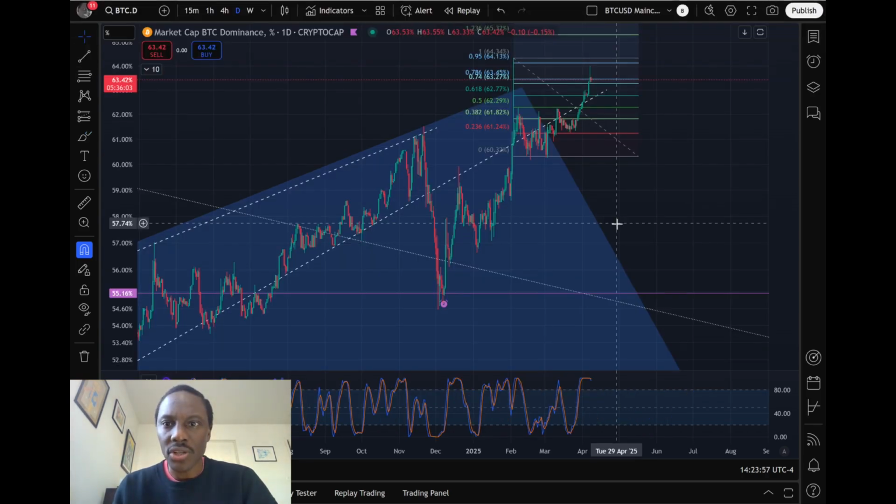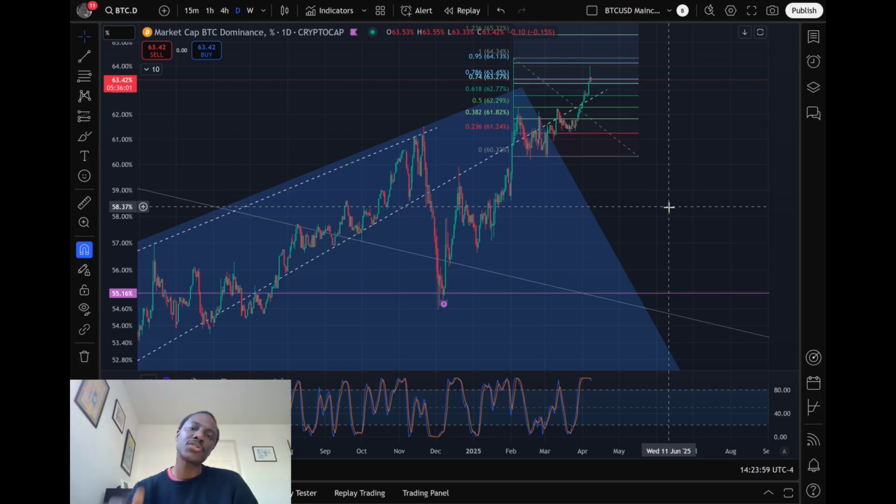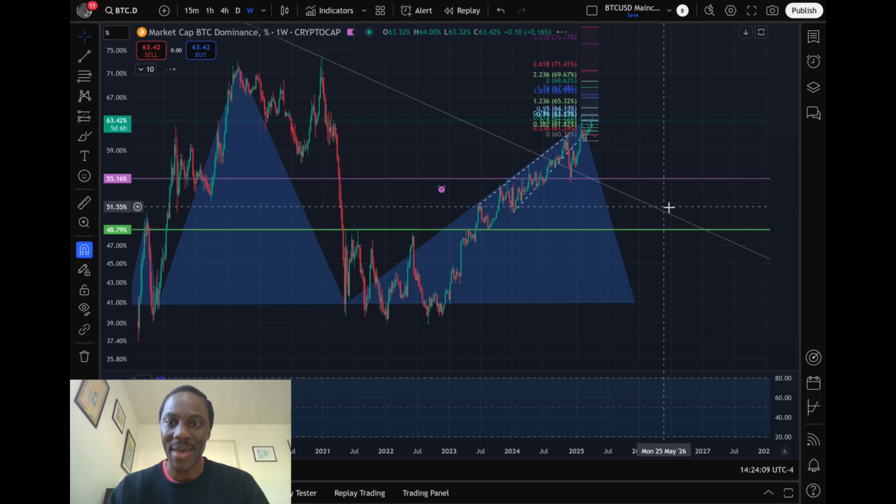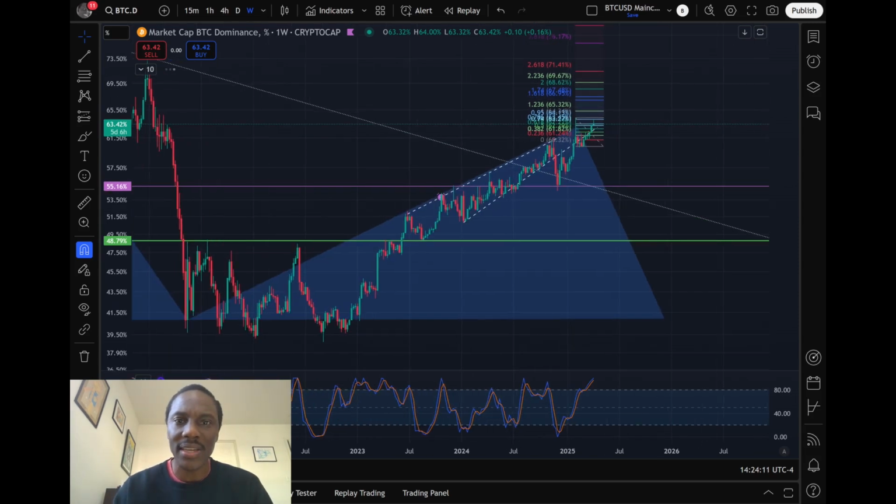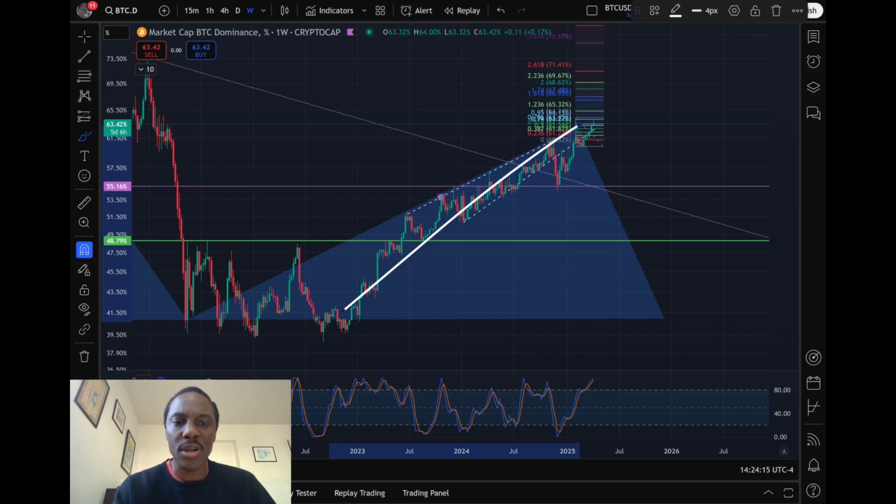Let's first look at Bitcoin dominance. For those of you who don't know, Bitcoin dominance is a measure of Bitcoin's dominance vis-a-vis the altcoin space. So if Bitcoin dominance is going up, as it has been for the past few years, as you can see on the weekly time frame, this chart clearly shows that Bitcoin dominance has been going up strong since August of 2022.